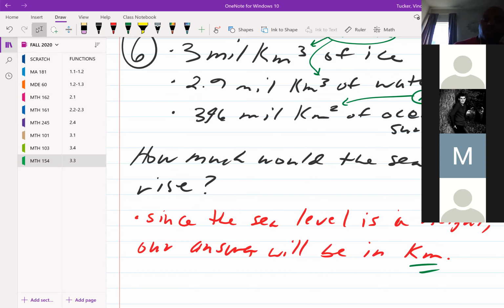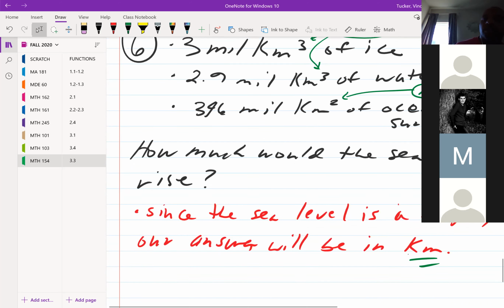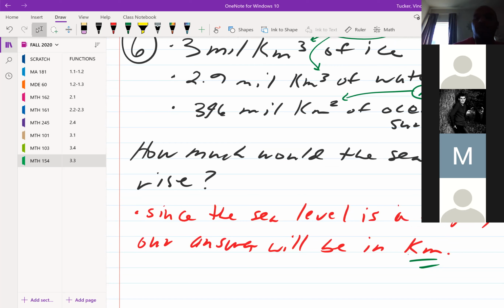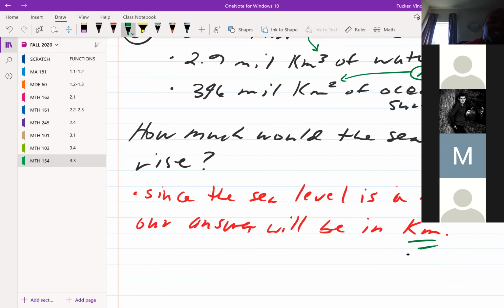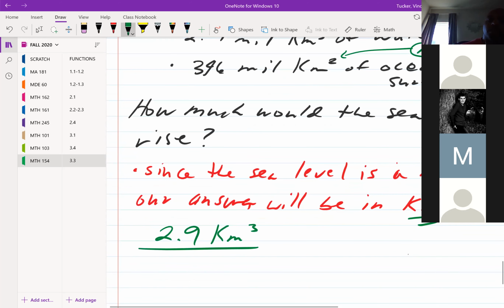So what we can do is take the melted water, or the melted ice, which is water, of course, and that'll be 2.9 cubic kilometers, and place it over the surface, the ocean surface.